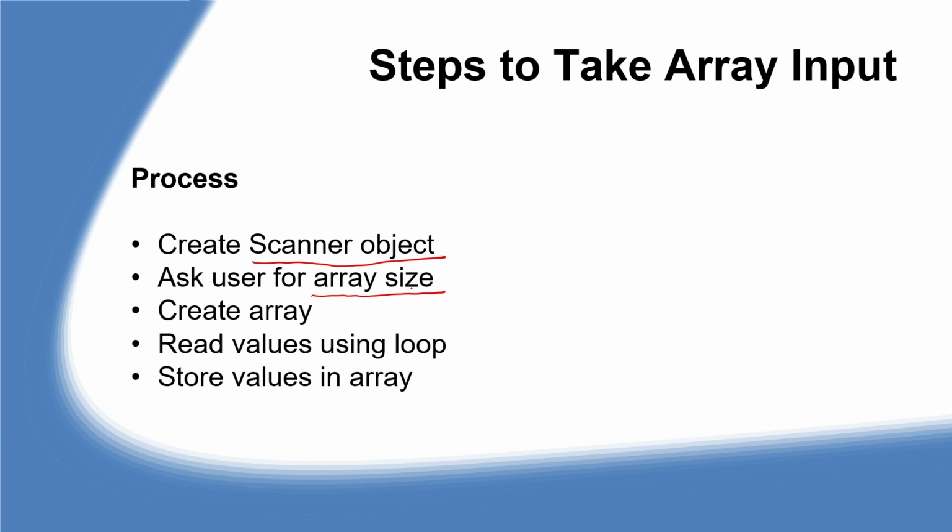Then after getting the size, we will create one array of that particular size. And finally, we will use a loop to read values, and those values will be stored in the array.